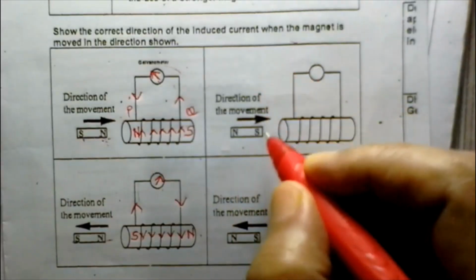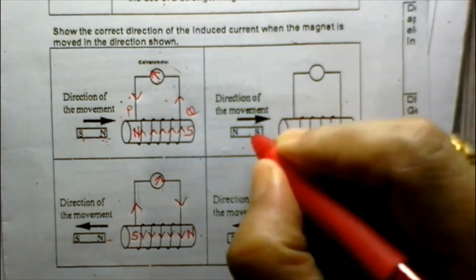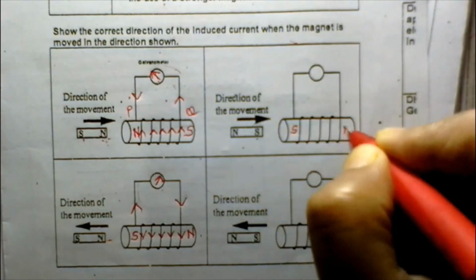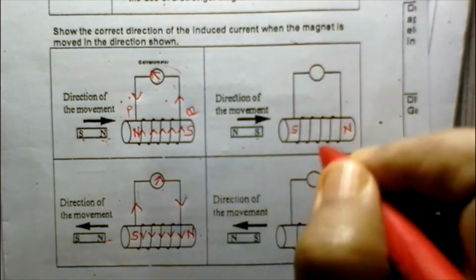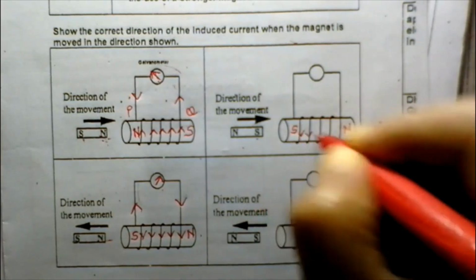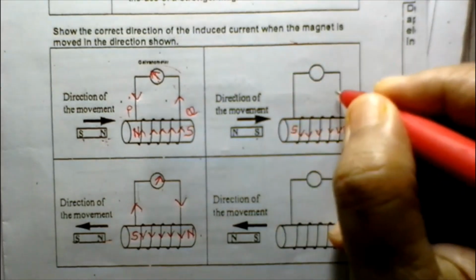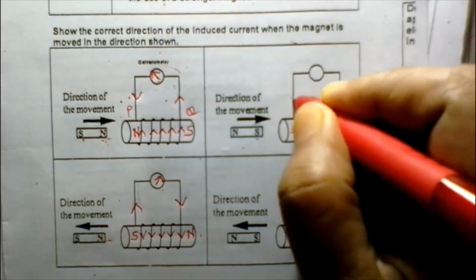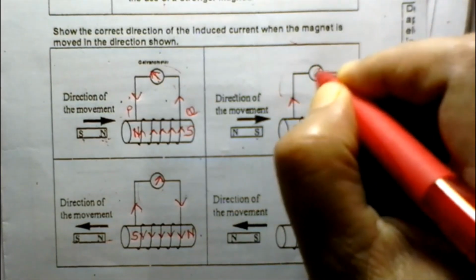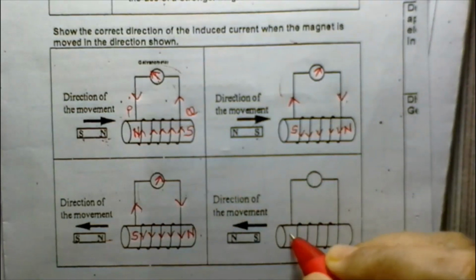Now south pole, moving towards the end of the solenoid here. Move towards becomes same pole. So here is south, here is north. Apply the right hand grip rule, so direction will be like this. From left to right, so deflect right. Now the south pole moves away, so it becomes opposite pole.